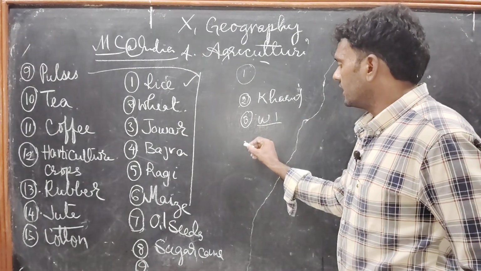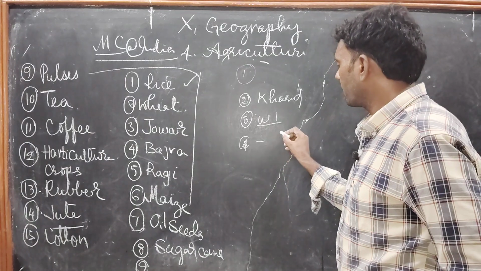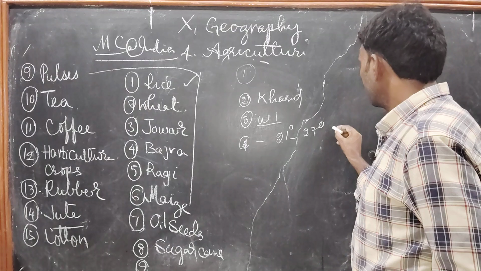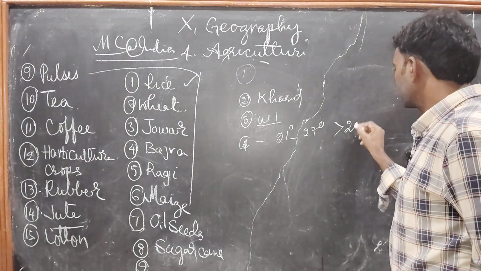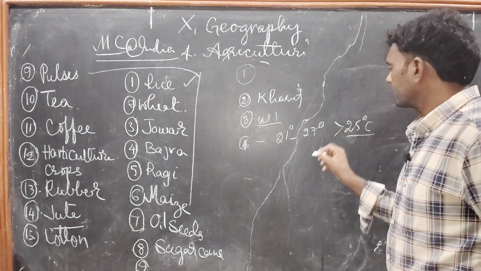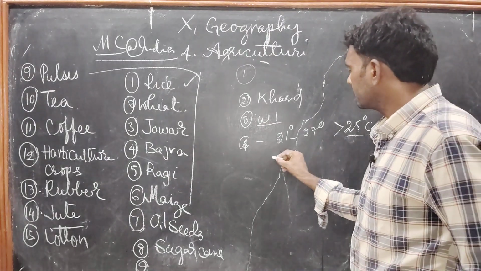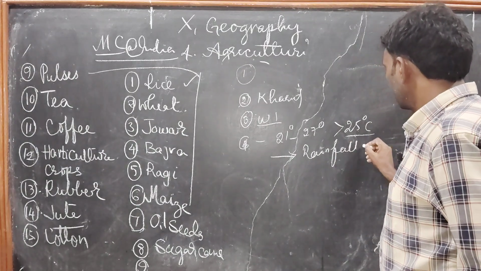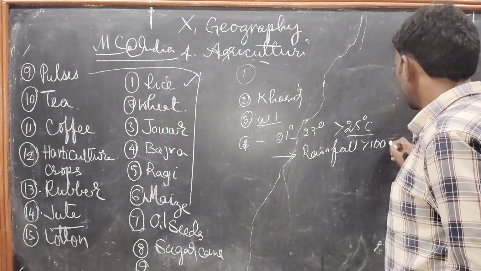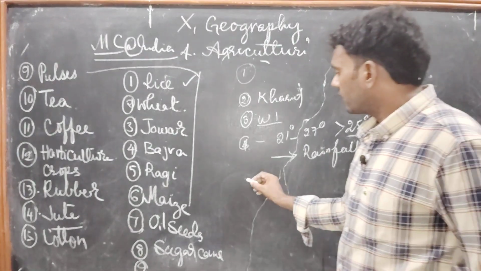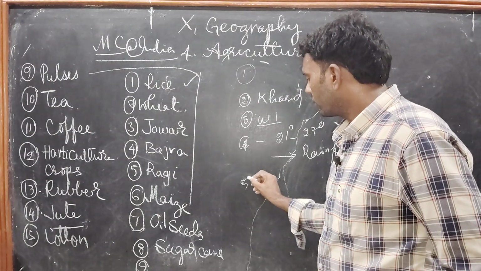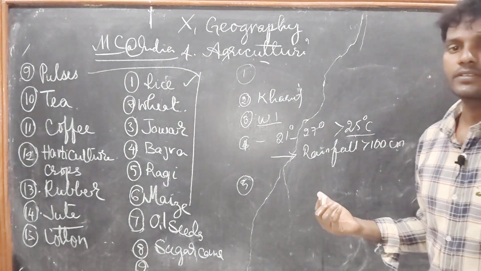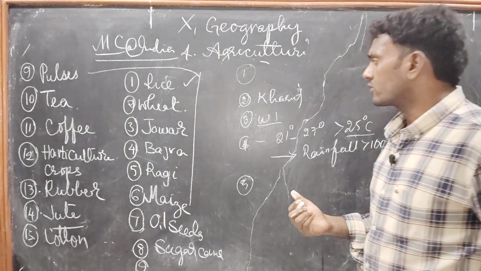It needs a minimum temperature from 21 degrees Celsius to 27 degrees Celsius, and also above 25 degrees temperature at minimum, and it needs rainfall above 100 centimeters. It can grow in different soils, but it gives more yield in alluvial soils and also black cotton soils.